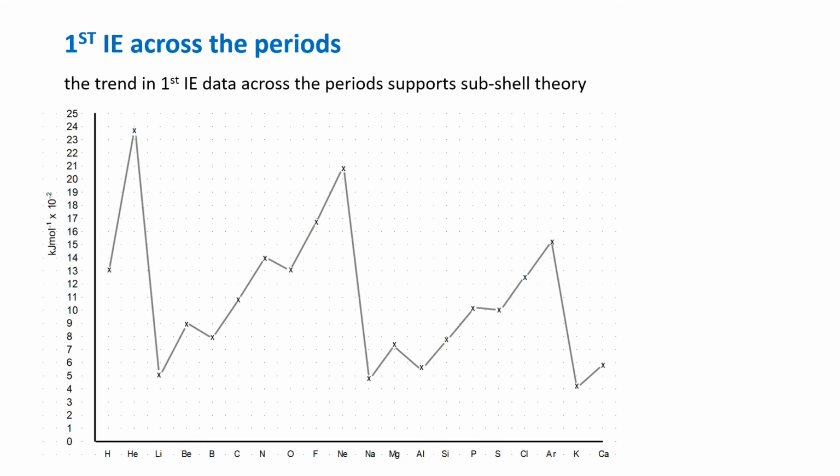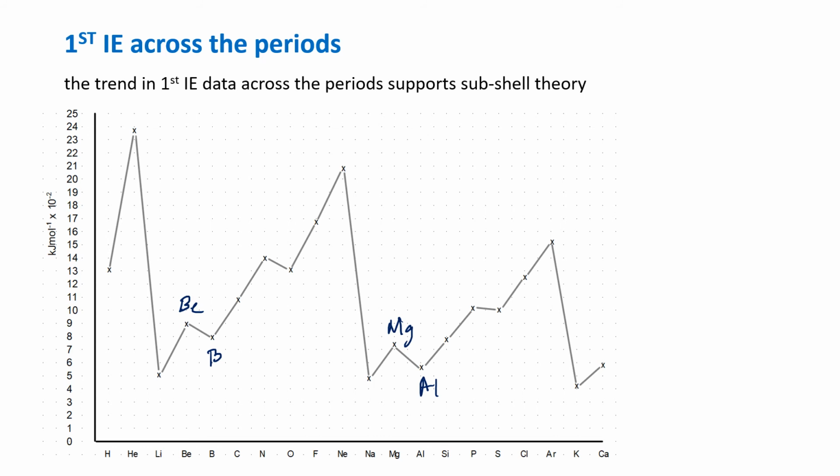So having explained the general increase in ionization energy across each period, we need to look at the minor peaks that occur. For instance, there's a minor peak at beryllium and a minor trough at boron. That is repeated at the elements magnesium and aluminium.